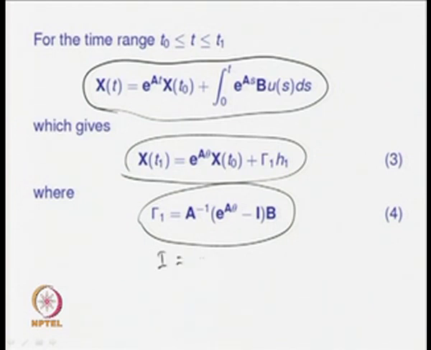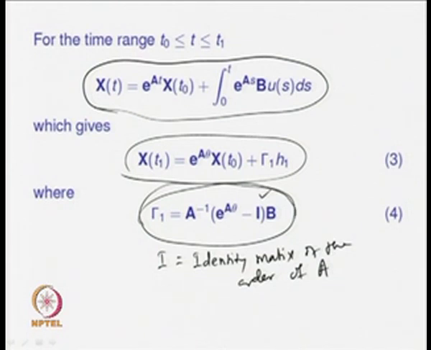I is nothing but the identity matrix of the order of A. So, wherever we have I in the expressions, I will be of the order of A, then only we can have proper dimensionality for the gammas.